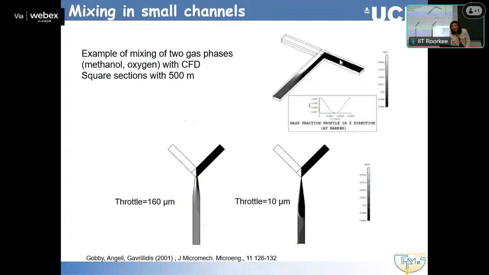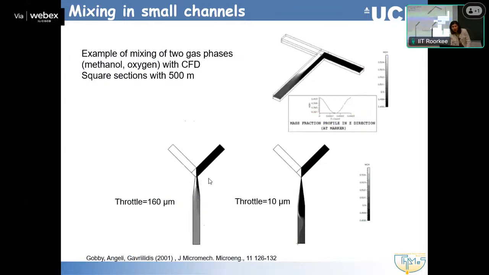Initially, I have to remember how we started the simulations now. I think they started with empty channels, and then we went like this. So this is once it is at steady state. It's not the initial condition. But what you can do is play, and at that stage we played a lot with the angle at which the channels join. Actually, this was not a bad one, just a standard T mixer.